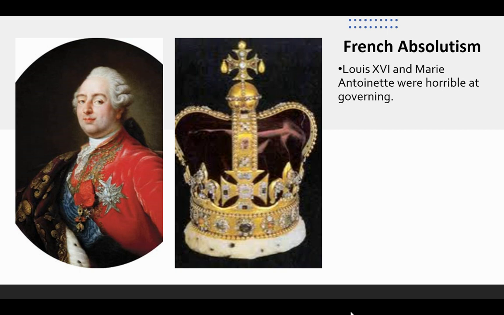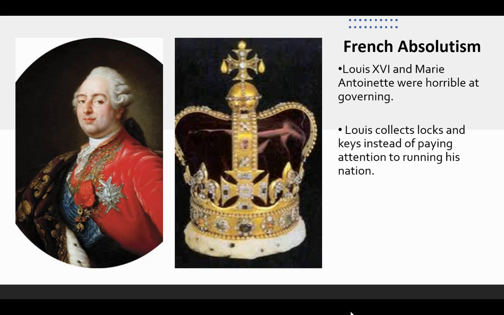And to be honest with you, both of them were horrible at governing. The king was more interested in tinkering with machines and being an engineer than actually being a ruler. And Marie Antoinette, well, she was raised to be a queen, so she didn't understand about not spending money and not partying.